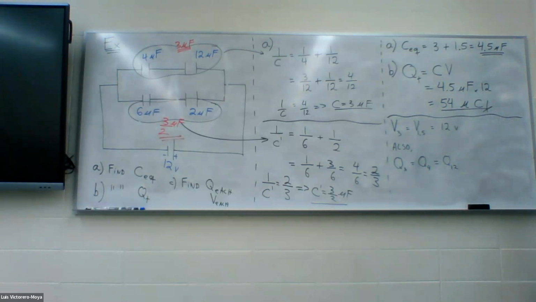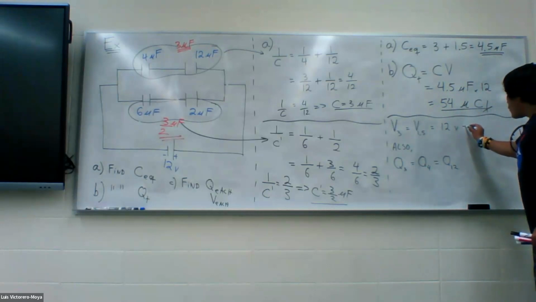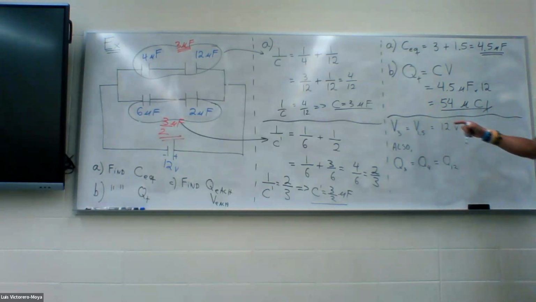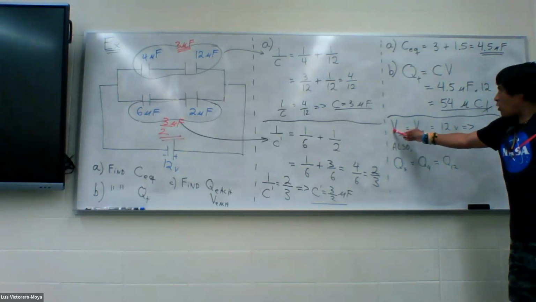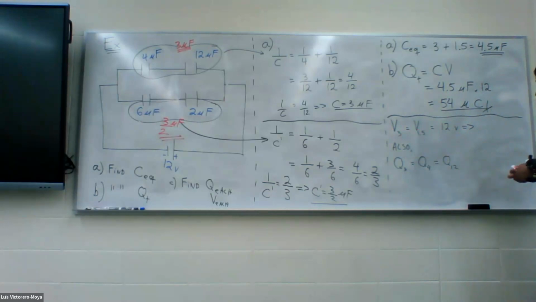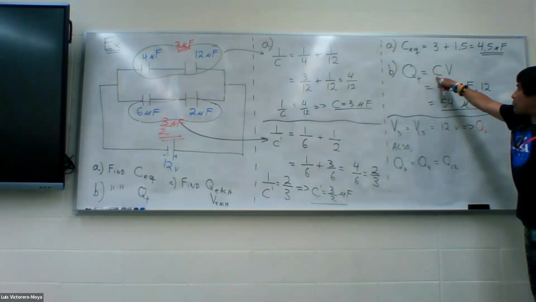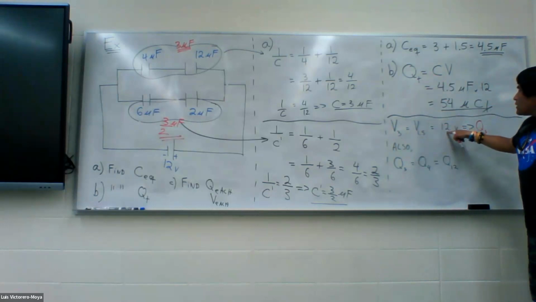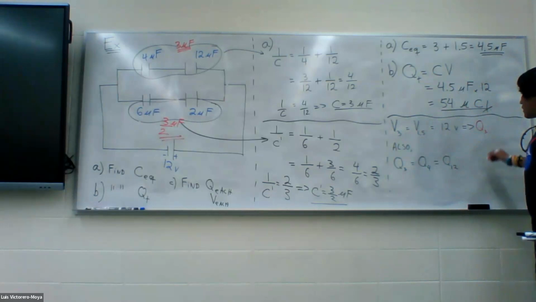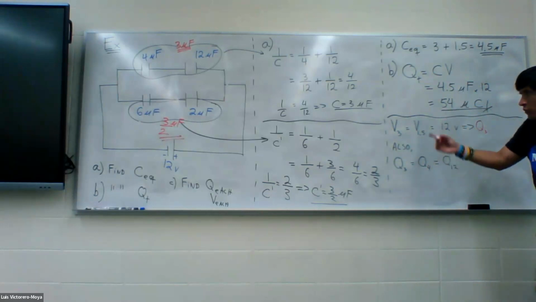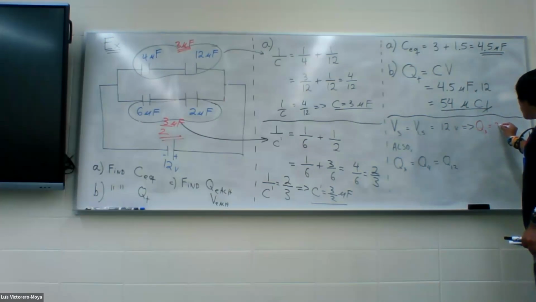All right. Now, from this first premise, if the voltage on 3 is 12, then the charge on 3 will be the capacitance 3 times the voltage 12. Well, 3 microfarads times 12, that's 36 microcoulombs.